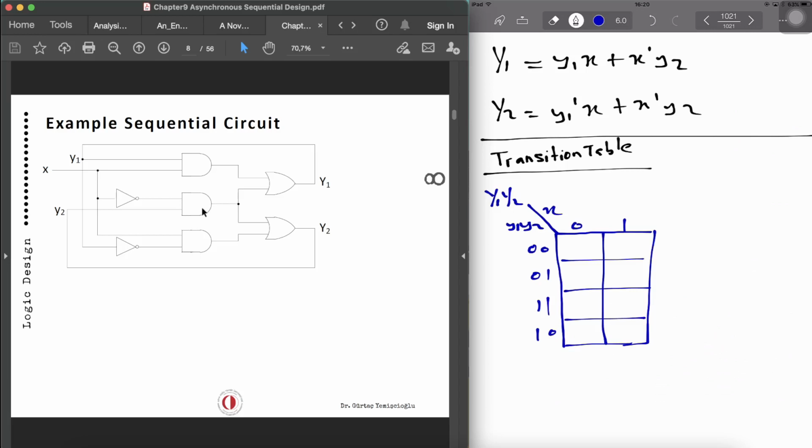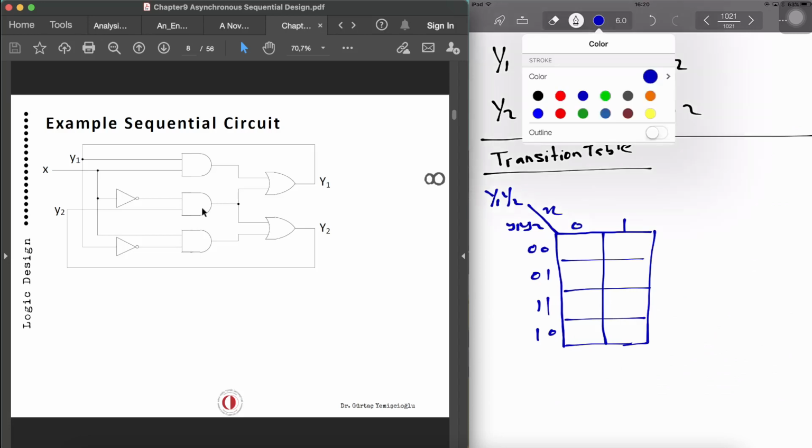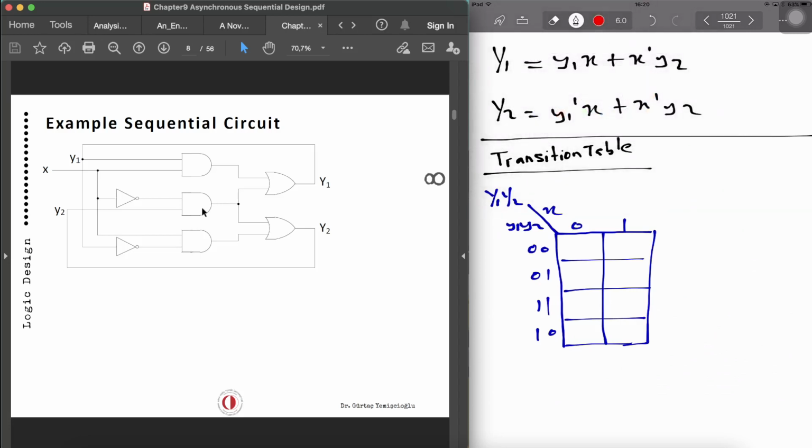You can also create a state table, similar to what we have done in chapter 5, but transition tables are more important. Now all we need to do is fill these in. For Y1, for example, Y1 is 1 where x is 1 and y1 is 1, so at these two points these are going to be 1s.